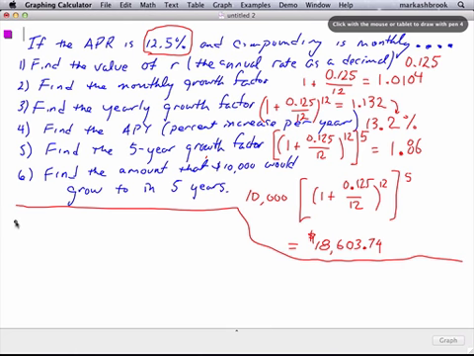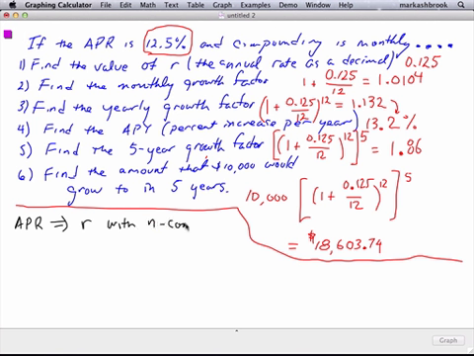So if the APR results in an annual rate of R with n compoundings per year, how much is P worth in T years?